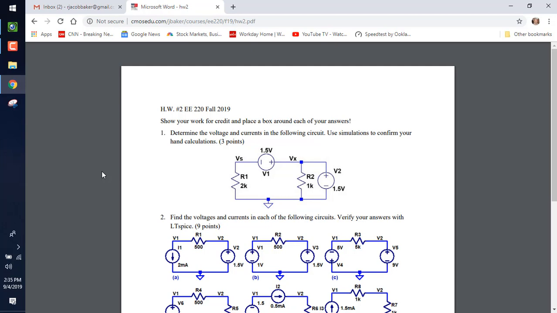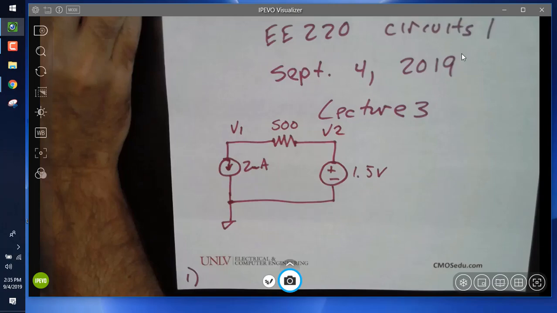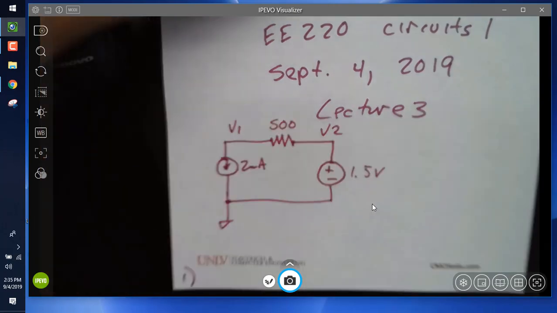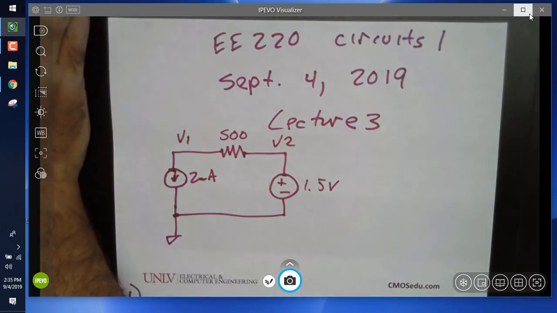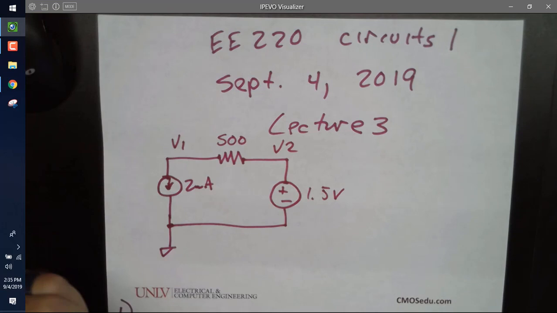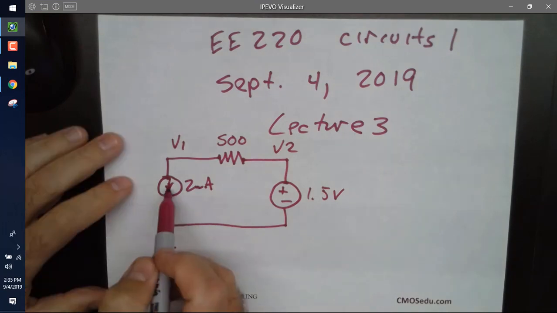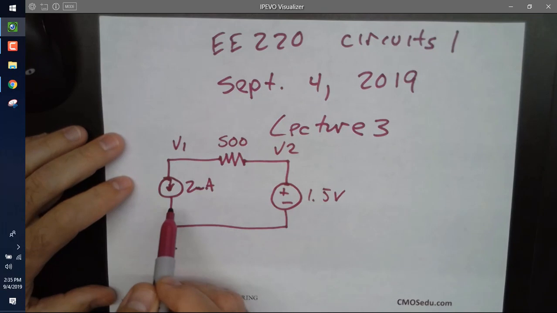And 500, 2 milliamps going down, and V1, V2, 1.5. All right, so here's the circuit for the first one. And let's make it big. And I ask, okay, so let me tell you, this is a current source. It just means 2 milliamps is flowing in that wire.